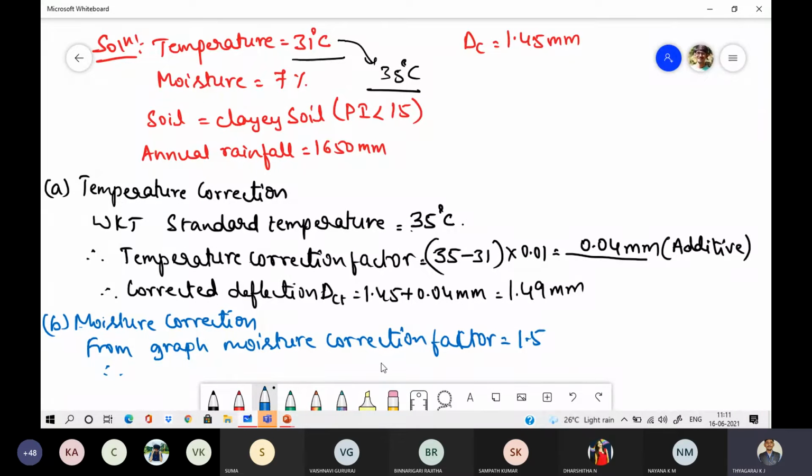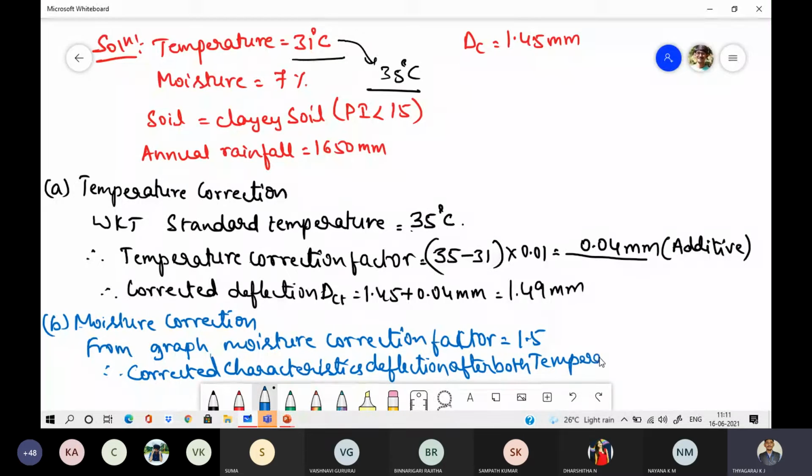Therefore, corrected characteristic deflection after both the temperature and moisture correction is equal to 1.5 into 1.49.